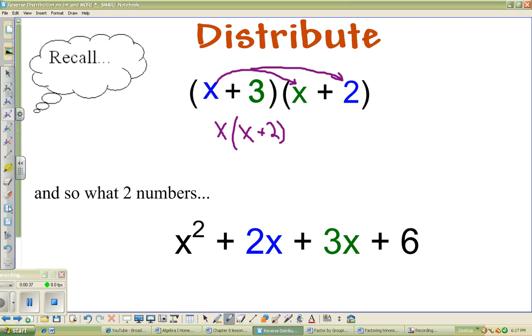And when I break apart the other 3, then I also show 3x plus 2.